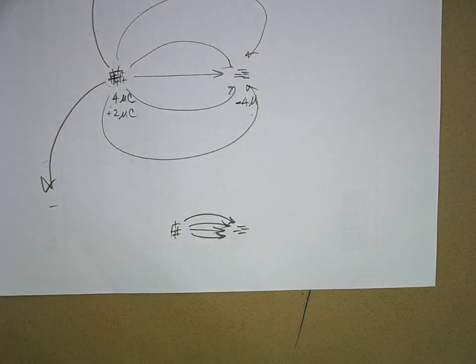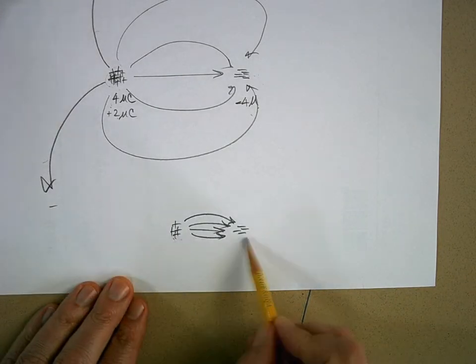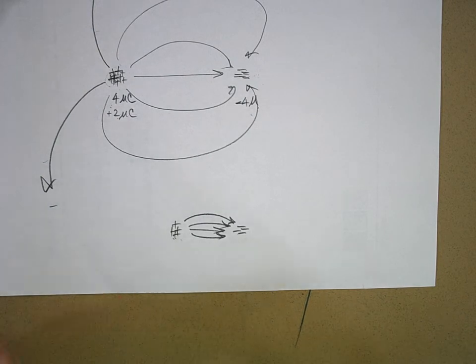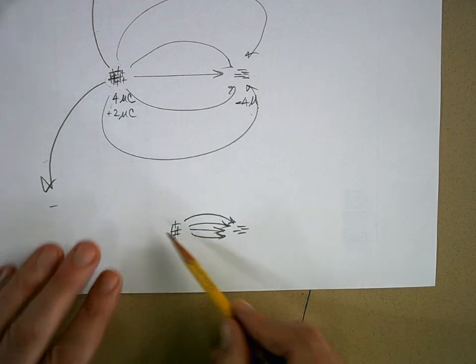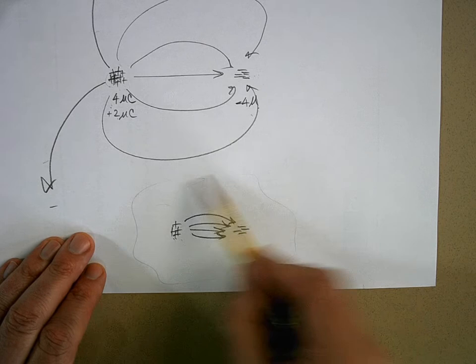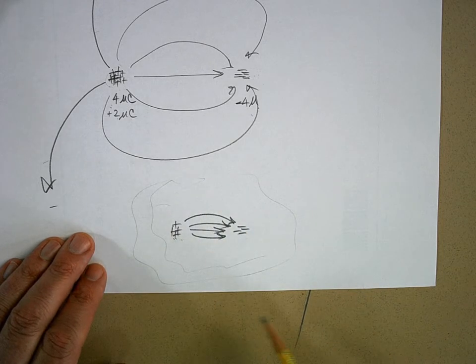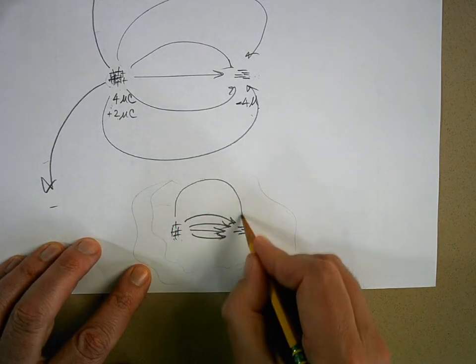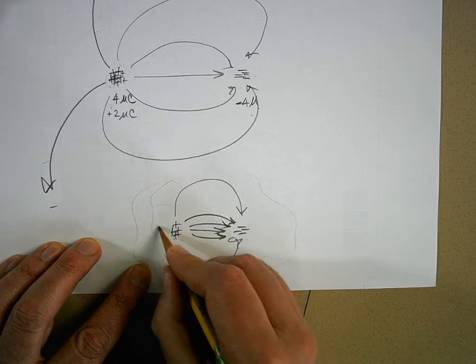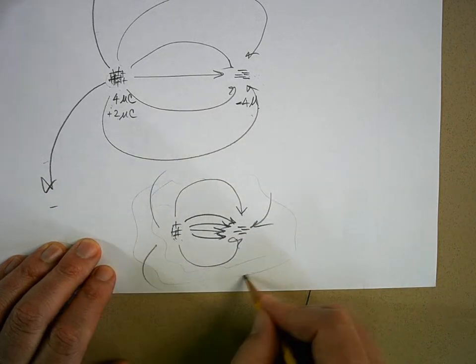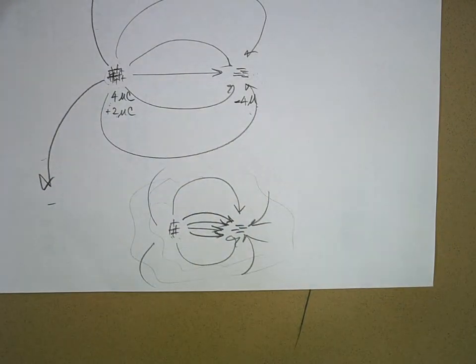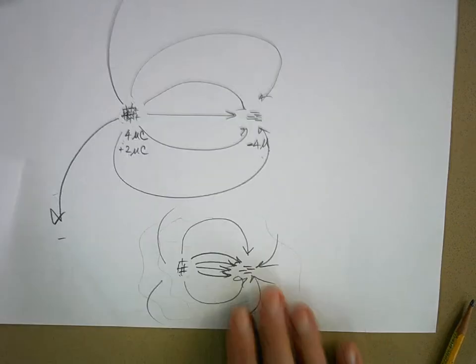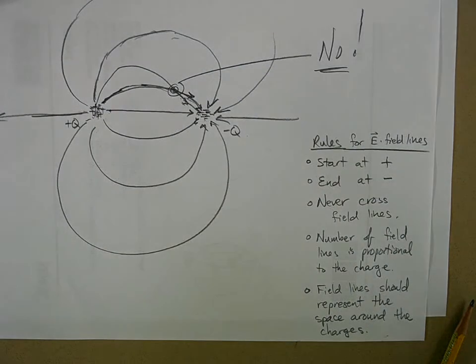The number of field lines is proportional to the amount of charge. But look, come on, what about all this empty space around it? Have some finesse. Kind of show the space around the charge as much as you can. That is all. Perfect timing.